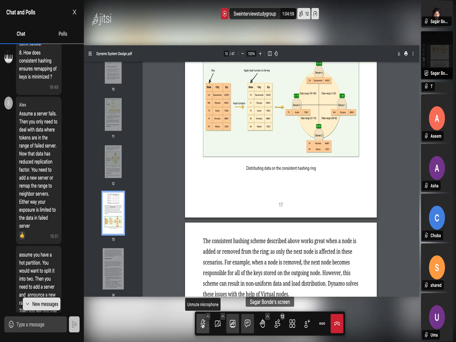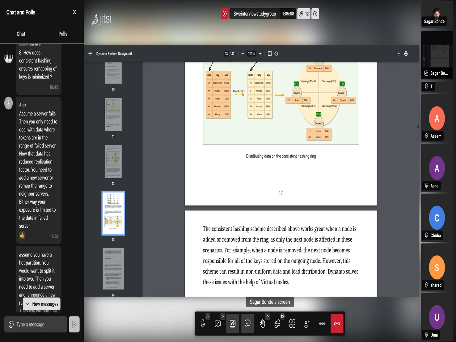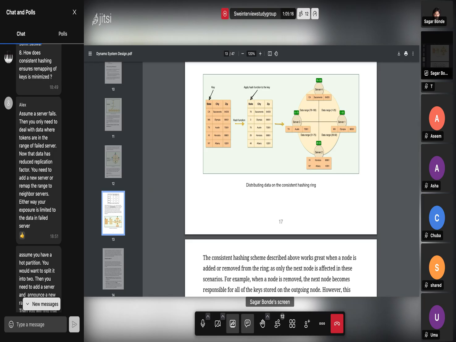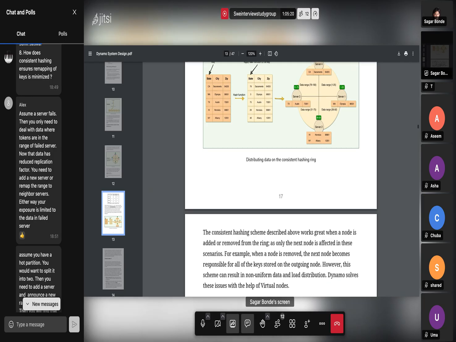I think the answer to your question is similar for DynamoDB. I'm not sure what the Azure equivalent is, but I think whatever you're saying is correct. It's within that ecosystem. If we are using DynamoDB, we are dependent on AWS only. We can't use it on our bare metal server.